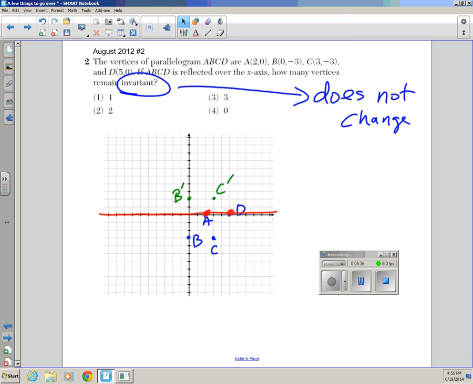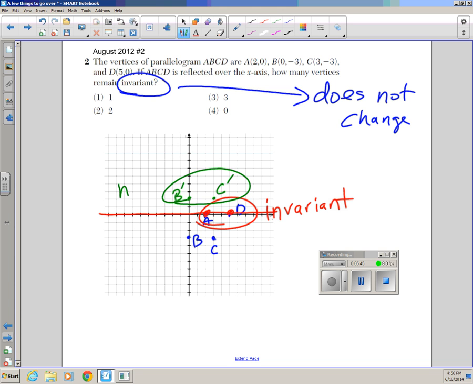So two vertices are invariant. They did not change their location. And B prime and C prime were not invariant, or they were variant, if you want to play with the English there. Two were invariant. They did not change.